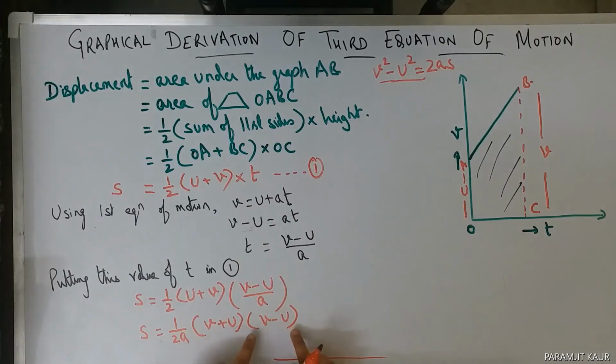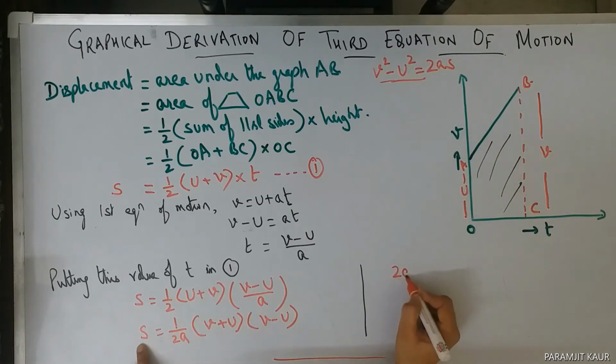Now, if you look at this, it is a mathematical identity. (v plus u) into (v minus u) is (a plus b) into (a minus b), and you have already studied in maths that (a plus b) into (a minus b) is equal to a square minus b square. Further, I can take this 2a to the other side.